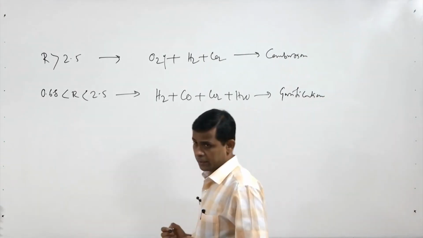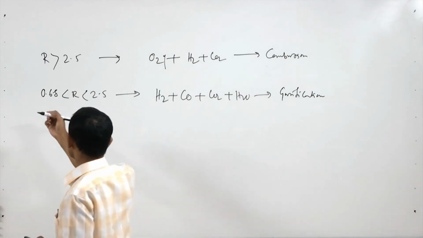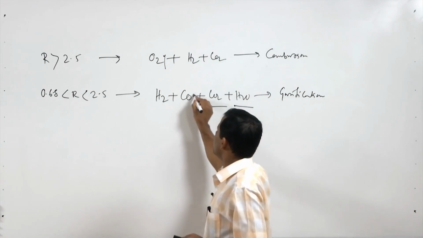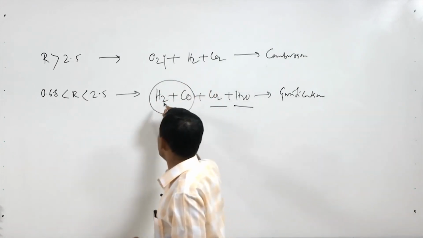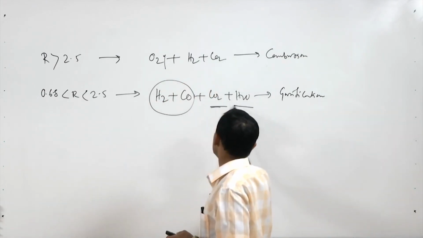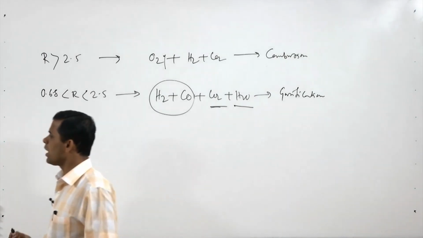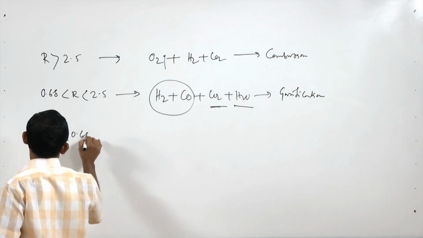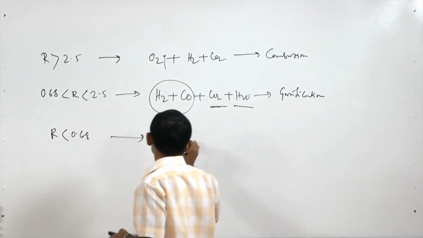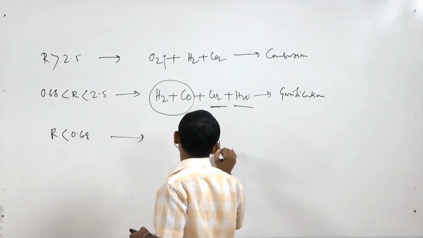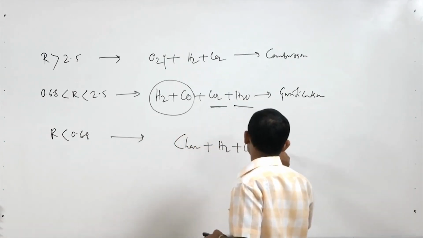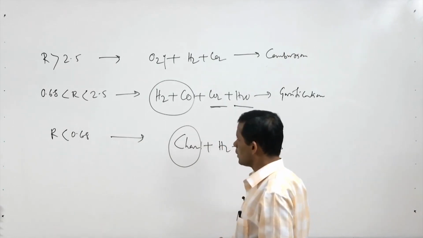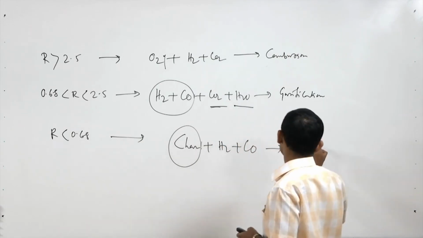The predominating process is gasification. If we increase the R value, then CO2 and H2O will increase and CO and H2 will decrease. And if R is less than 0.68, then we will get char, H2 and CO, and the char yield will increase if R decreases.